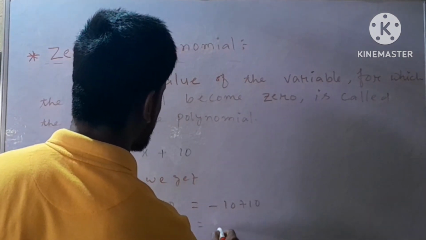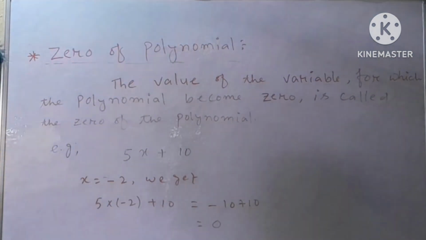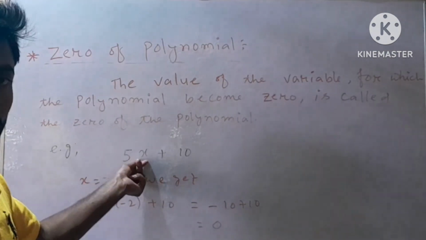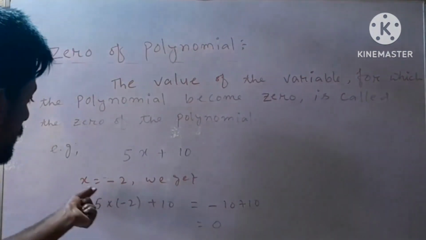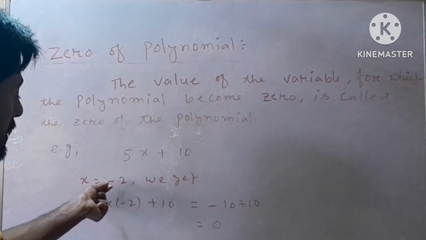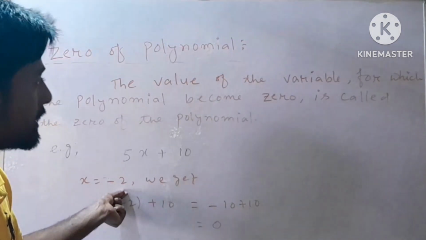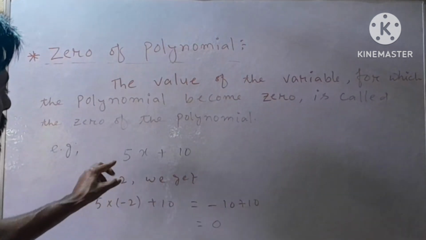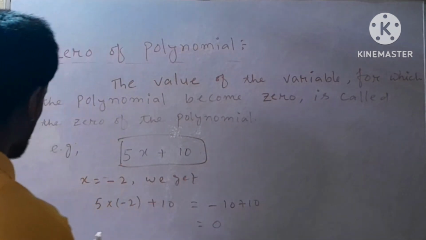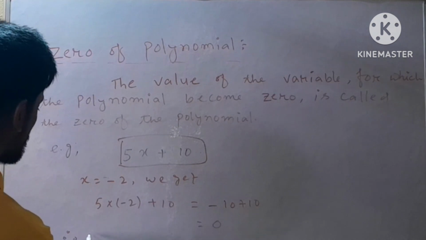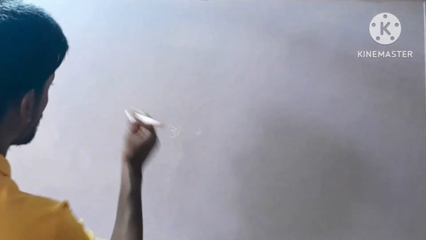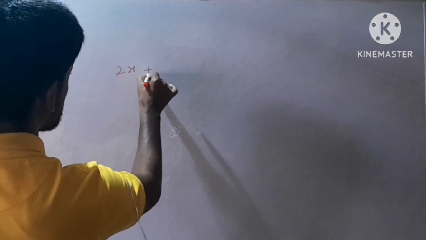So minus 10 and plus 10 cancel, and we have 0. That means in place of x, if we put minus 2, then the polynomial becomes 0. Therefore x equal to minus 2, that means the value of the variable minus 2 is the 0 of this polynomial. Minus 2 is the 0 of this polynomial. Therefore we can write x equal to minus 2.